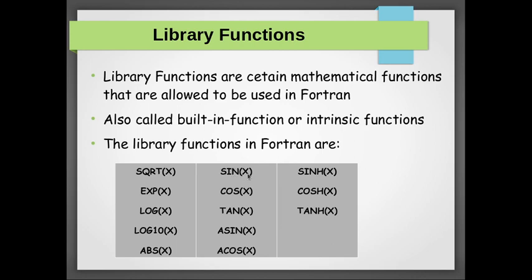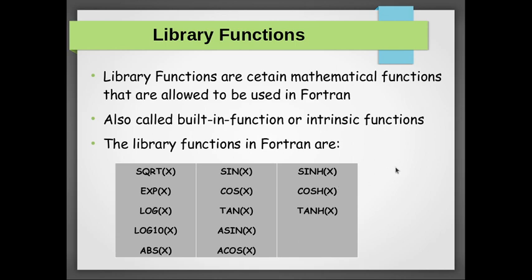It evaluates the sine of x. It evaluates the cos of x. It evaluates the tan of x. Asin, sine inverse x, acos, cos inverse x, sinh, sine hyperbolic x, cosh, cos hyperbolic x, and tanh, tan hyperbolic x. So these are basically the library functions that are used in Fortran 77 we are talking about.